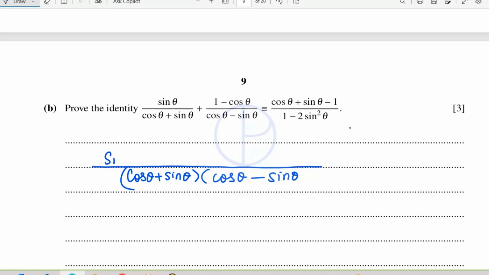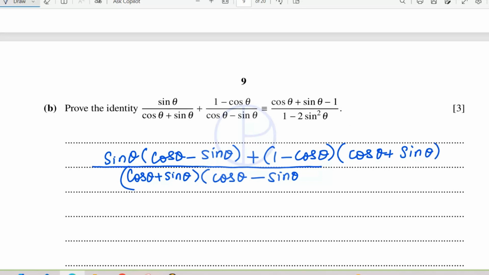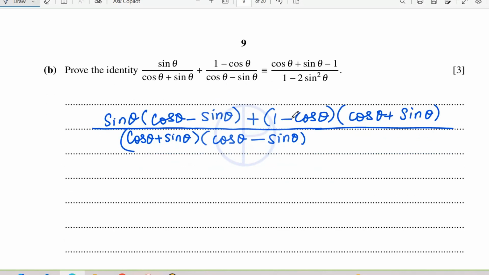In the numerator, sin theta multiplied by cos theta minus sin theta plus 1 minus cos theta multiplied by cos theta plus sin theta. In the denominator, we have cos theta plus sin theta multiplied by cos theta minus sin theta. This is of the form a plus b multiplied by a minus b, which is equal to a square minus b square.